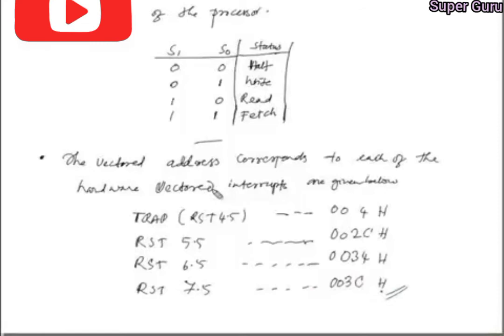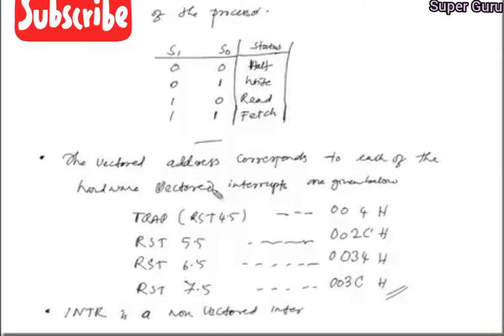So this is the vectored address of the hardware vectored interrupts. Then INTR is a non-vectored interrupt.